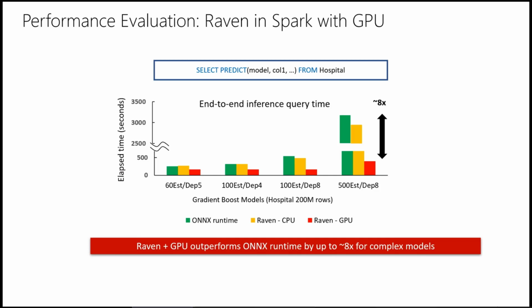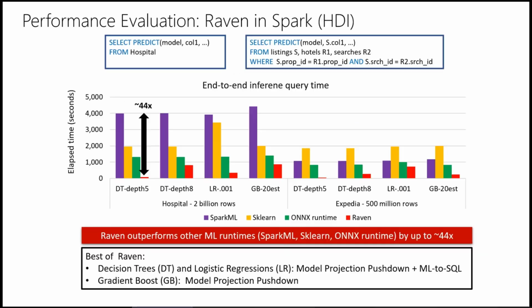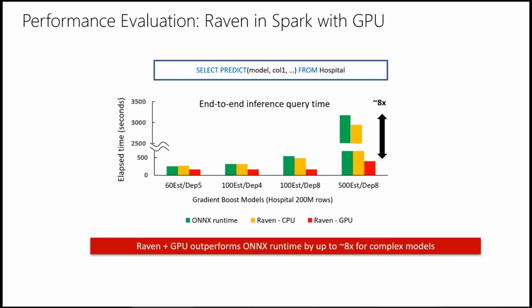Oops, this isn't showing right. I don't know why this graph isn't showing right. But if this could show correctly, what it's showing is that for gradient boosting tree models of different complexities, having the models run on GPU gives us better performance the more complex the model is.